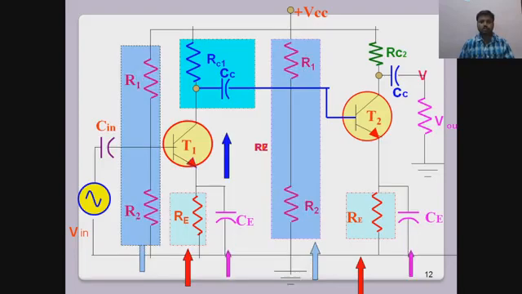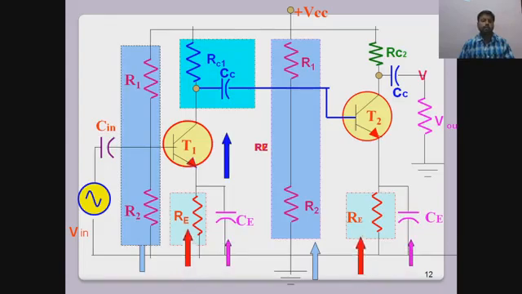And now CE of stage 1 and stage 2 are the emitter bypass capacitors, because during AC conditions, to stabilize the temperature, we need to bypass the AC here, as we discussed in a transistor amplifier.